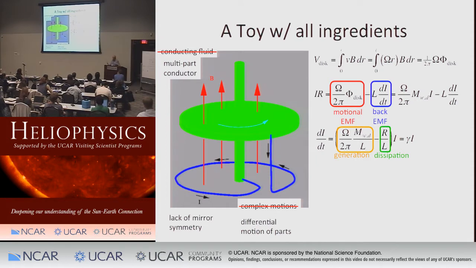So it's an exponential. We get I going as whatever the initial current was, e to the gamma t. So no matter how small I start that initial current or that initial magnetic field, this thing is going to grow exponentially until something happens. We'll discuss what that is. And you now see that we will get growth provided I spin this thing faster than this factor here, 2 pi R over M. 2 pi times the resistance divided by the mutual inductance.